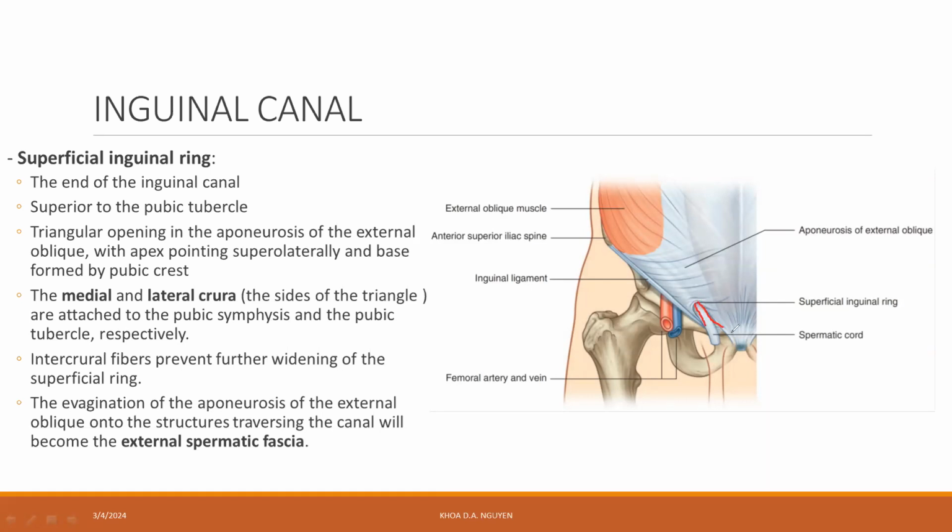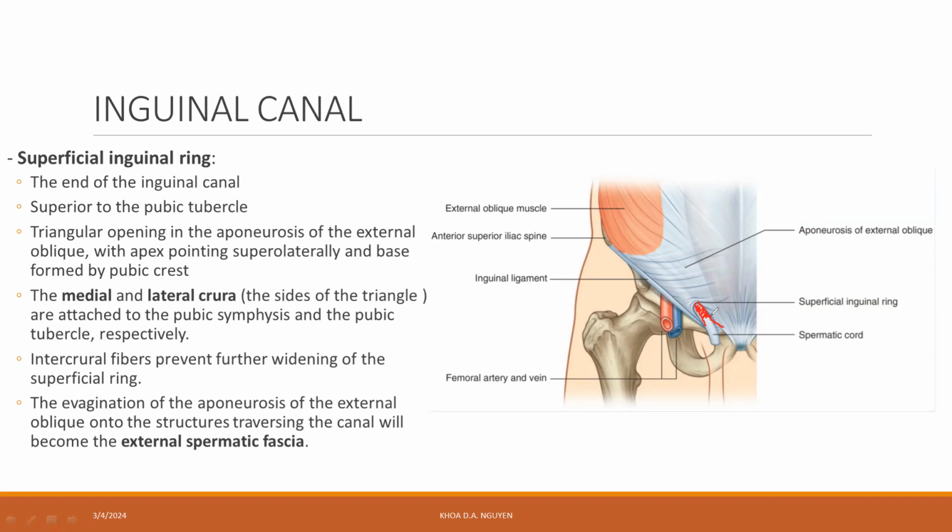And this side of the triangle will allow you to have a slit, and that slit is the superficial inguinal ring. There will also be some fibers that span that slit like this, running in between the two crura. Those fibers are called the intercrural fibers. The intercrural fibers will prevent further widening of the superficial ring.